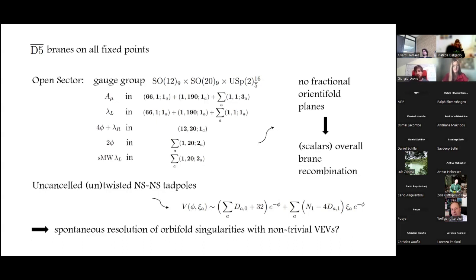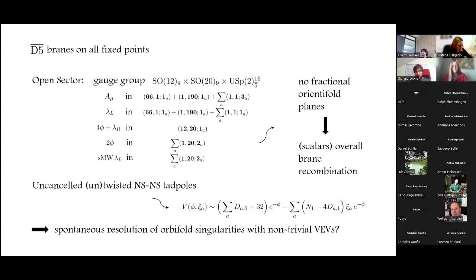It would be really interesting to study the dynamics of this vacuum better, because a non-trivial vacuum expectation value for these scalars would imply a resolution of the orbifold singularities. Therefore, it would be interesting to understand if such a resolution can be described dynamically in this vacuum.